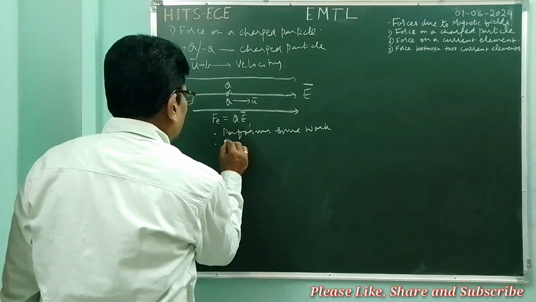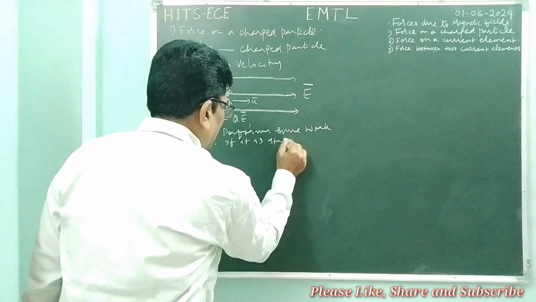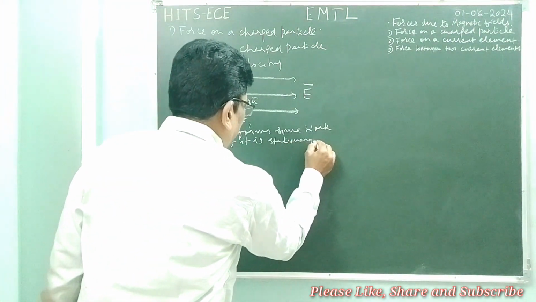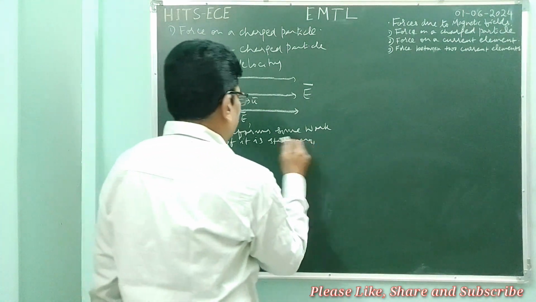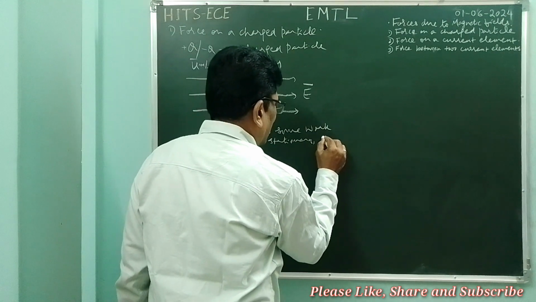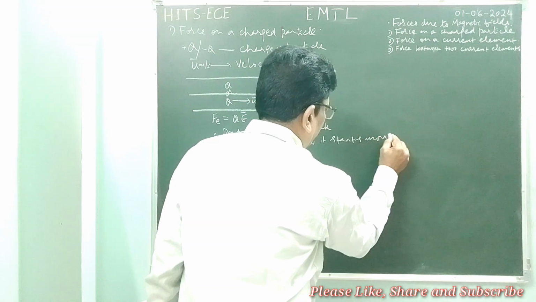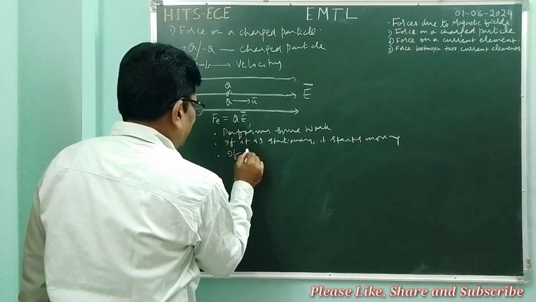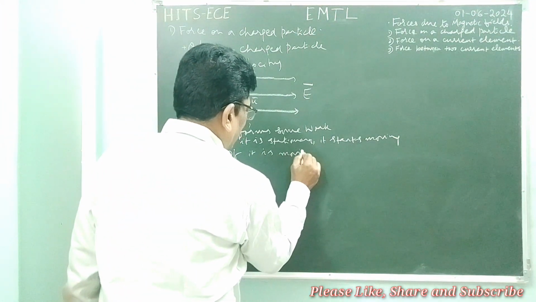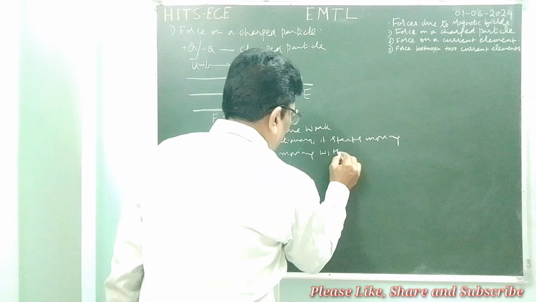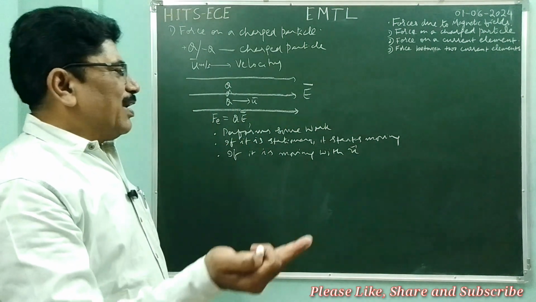If it is stationary, what will happen when the force is applied? It starts moving. If it is moving with initial velocity u, due to application of this force F, the velocity will be increased.